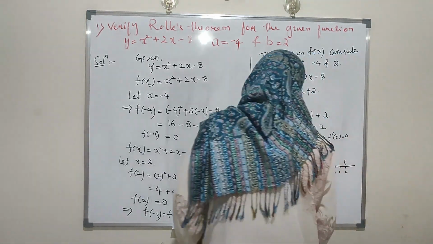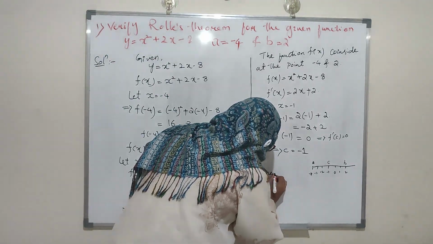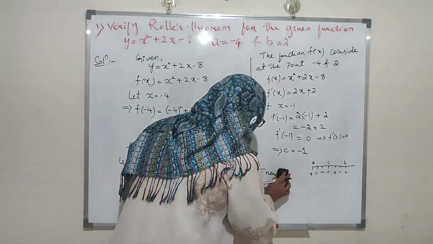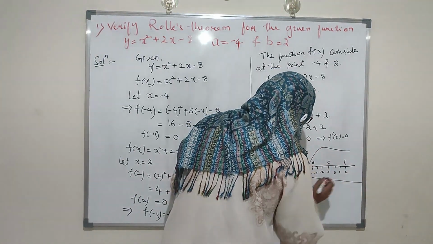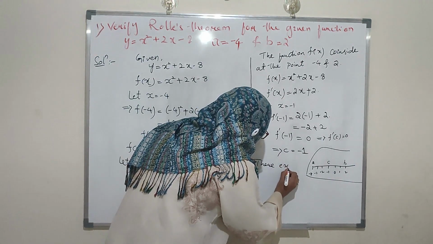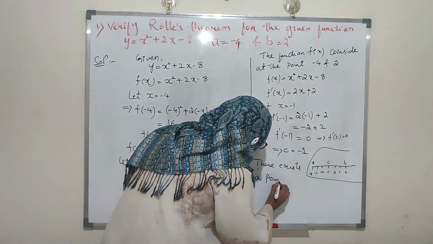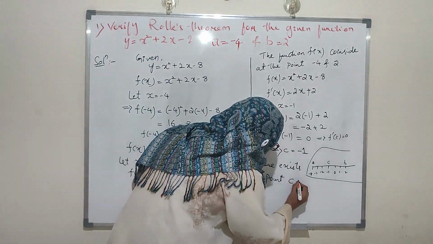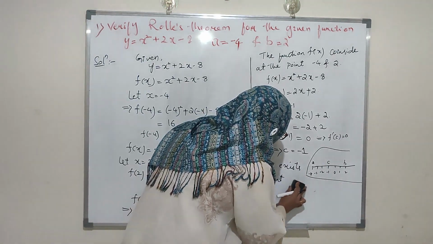And we can say here, this is only for your understanding, now write: there exists a point c belongs to (a, b). It is according to the theorem.